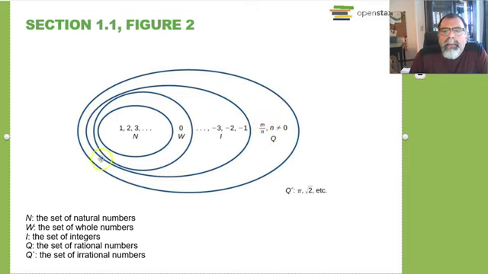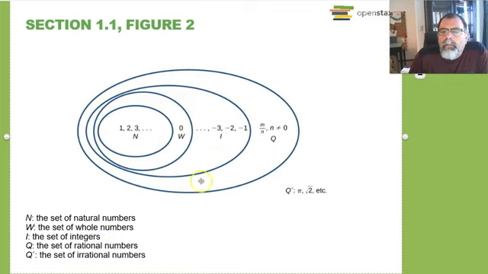Okay, and then everything inside the biggest circle, or oval, I should say, is rational numbers. So that includes all the integers, all the whole numbers, and all the natural numbers. Did I say I was irrational earlier? I is for the integers. Okay, some books use different letters. Anyway, doesn't matter.